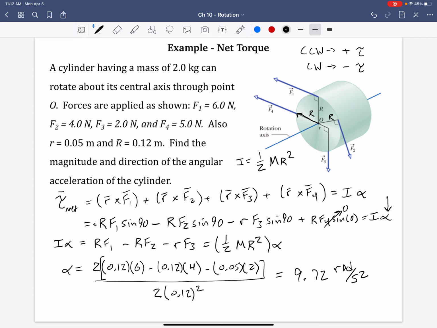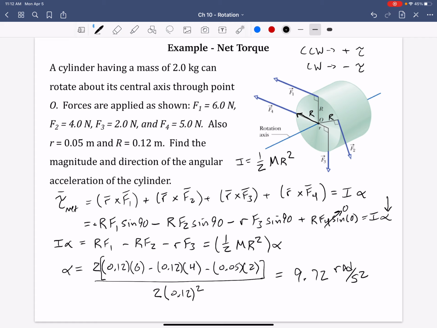Is this positive or negative? We've talked about positive or negative torques, whether they're counterclockwise or clockwise, respectively. The same thing applies for angular accelerations.